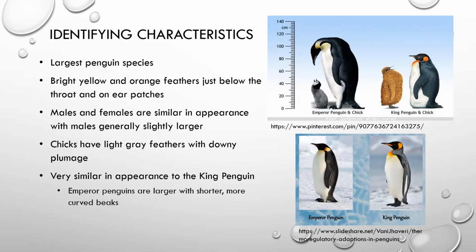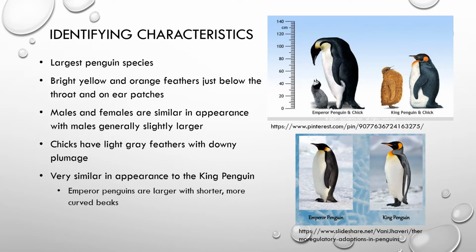Okay, so next we have our identifying characteristics that can distinguish the emperor penguin from other similar species. It's actually the largest penguin species in general. And they have bright yellow and orange feathers just below the throat and on the ear patches.